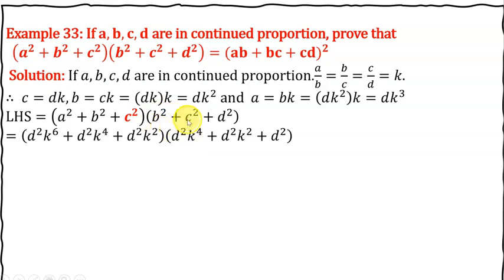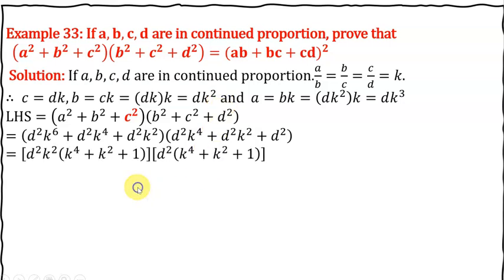In the next bracket, b square plus c square plus d square. The value of b is dk square, its square is d square k raised to 4. Next is c, value of c is dk, so d square k square, and lastly d square. From the first bracket, you can take d square k square as common.